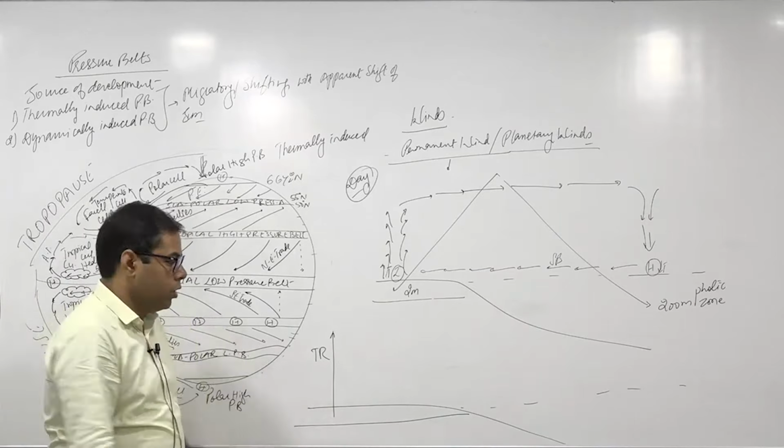Then again tropical continental cold. Cold has been denoted by the K, right? Cold, tropical continental cold. Then after tropical continental warm, stable, and tropical continental warm, unstable.